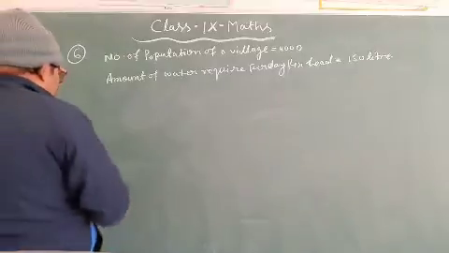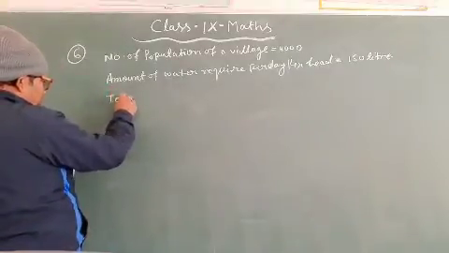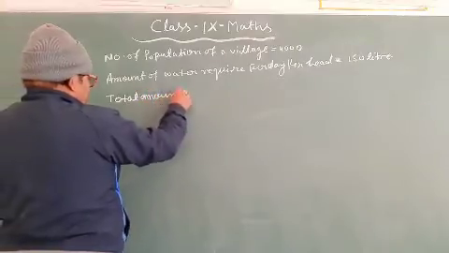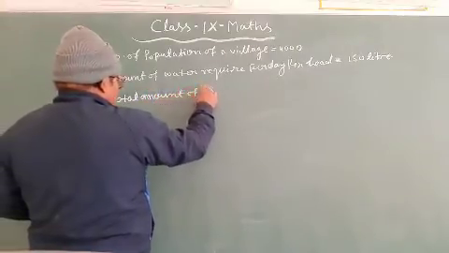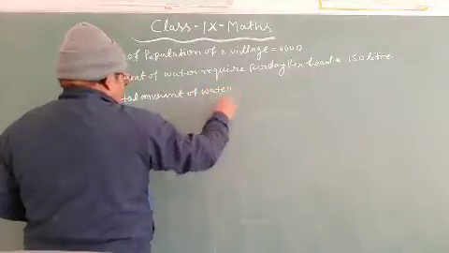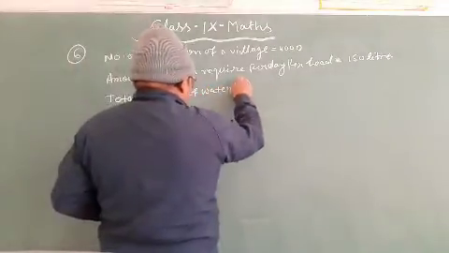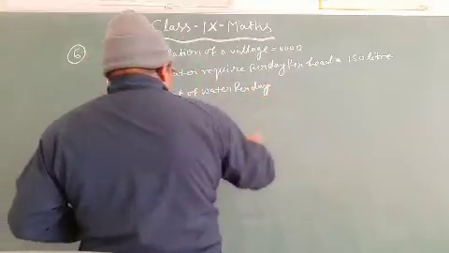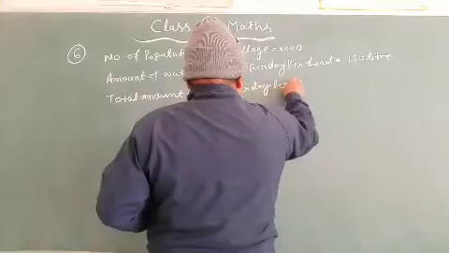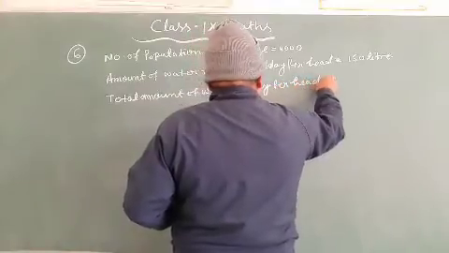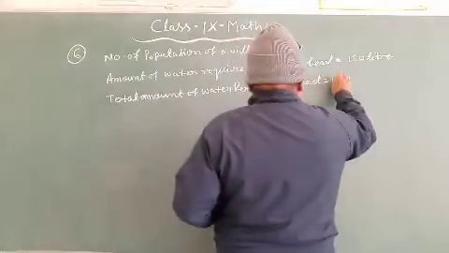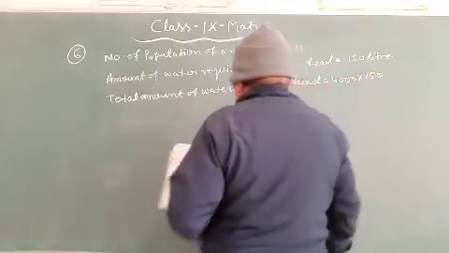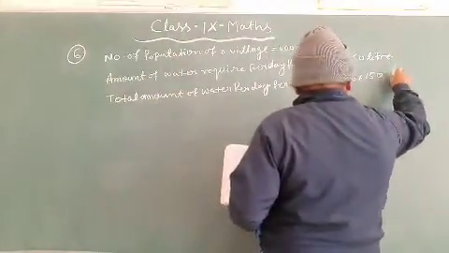Clear? So the total amount of water per day is 4,000 into 150 liter.